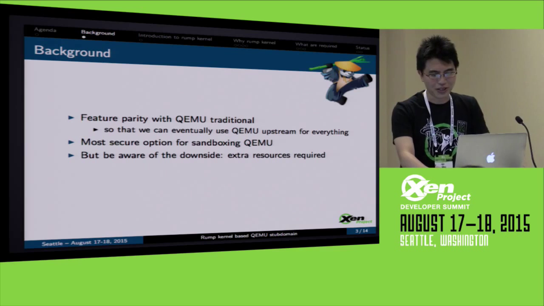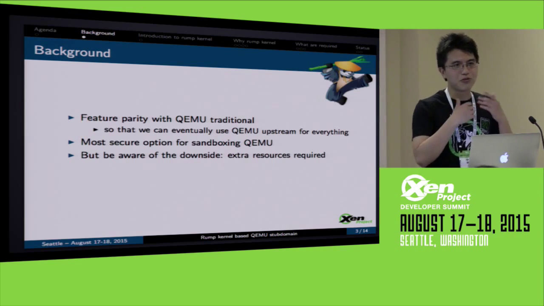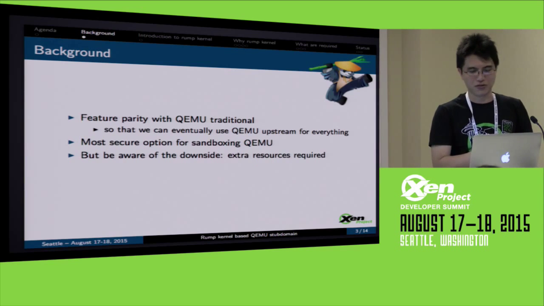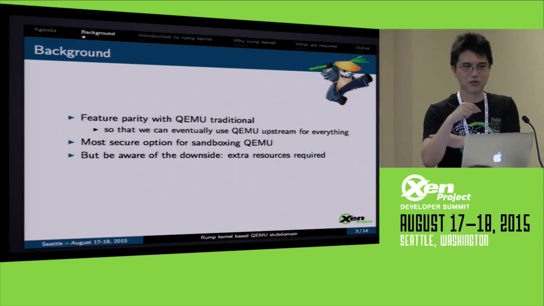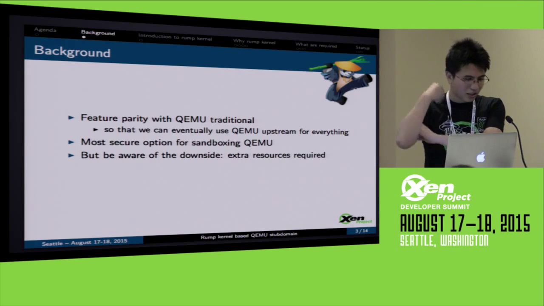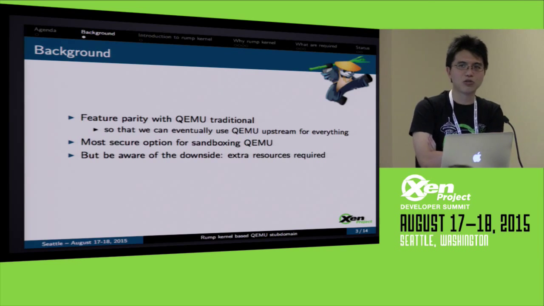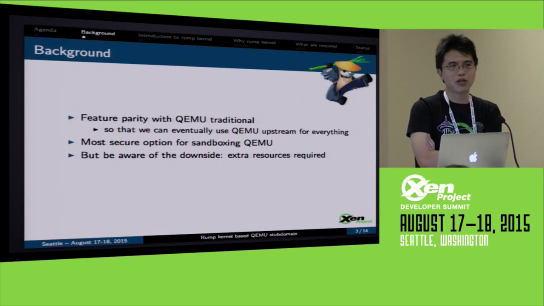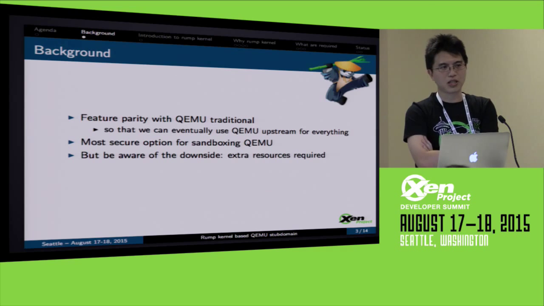So eventually we do want to provide several levels of sandboxing mechanisms. For example, there is ongoing work to use some specific hypercall to restrict QEMU, and also to run QEMU as a non-root user in DOM0. But there are trade-offs.